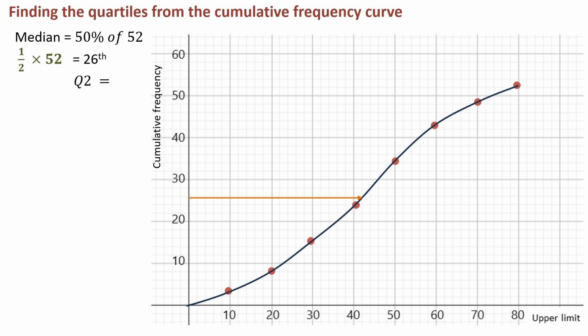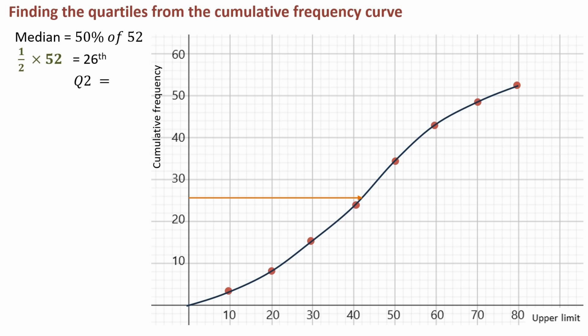Okay, I will explain the reason. When the number of data is more than 30, that means a large number of data, we do not add 1. It is sufficient to locate the position of 1/4 of the frequencies, half of the frequencies, and 3/4 of the frequencies. Therefore, we do not add 1 to the number of frequencies.